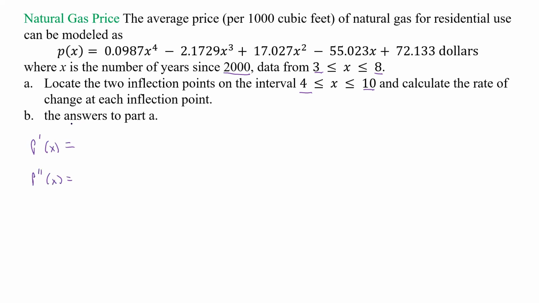So we have 0.0987 times 4, so we get 0.3948 x cubed, minus now 2.1729 times 3, so that's going to be 6.5187x squared, plus now it's going to be 34.054, and that's going to be x, and then minus 55.023.